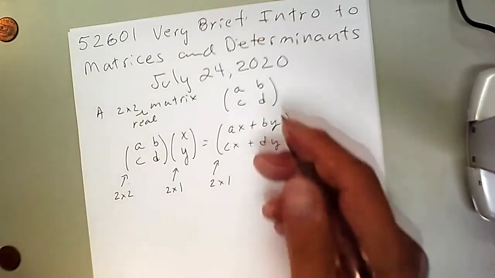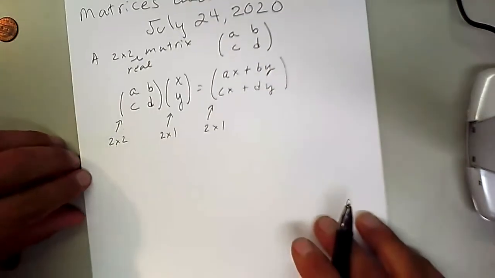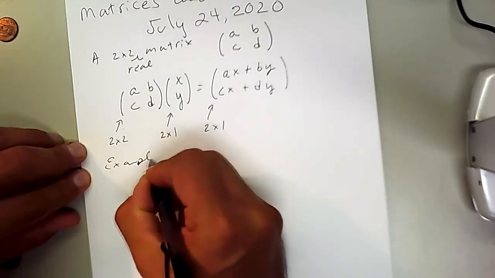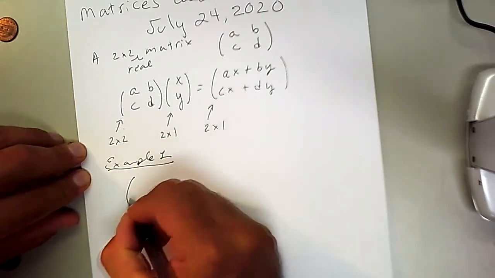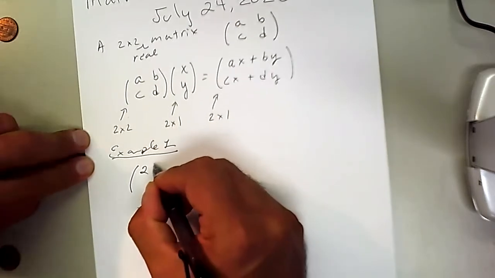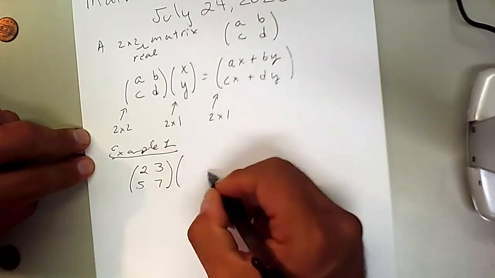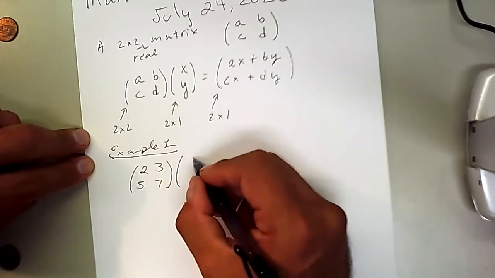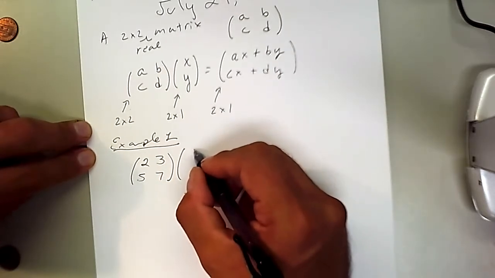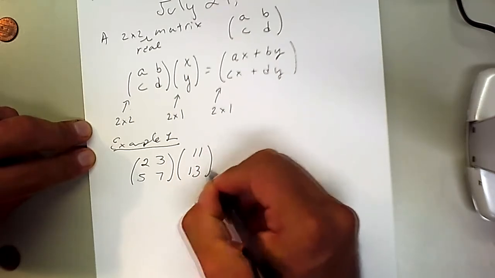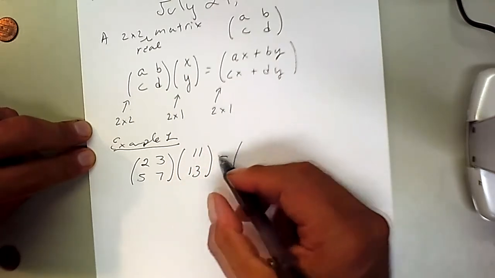So let's say we have, as an example, example 1, let's use prime numbers 2, 3, 5, 7, and we want to multiply by, well, let's keep doing more prime numbers, 11 and 13, and see what happens. We're going to get fairly large numbers.